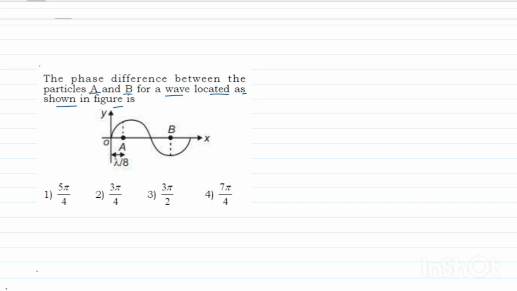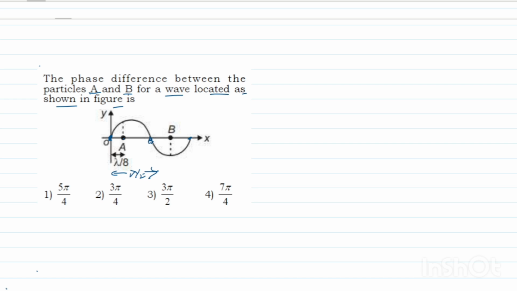The distance traveled by the wave for one complete oscillation, one complete time period, we call the wavelength. Then from here to here the length will be lambda by 2, and from here to here it will be lambda by 2. So 0 to here is given as lambda by 8, and for A and B we need to calculate the path difference value.